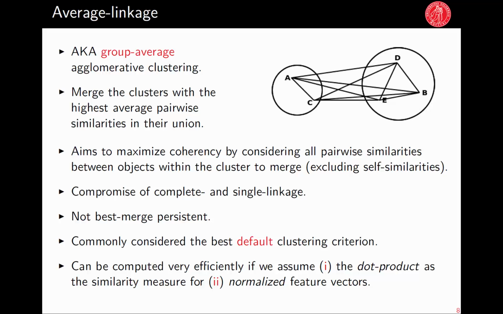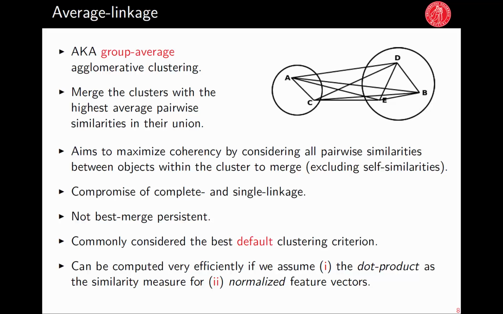And for those interested in the details, if you see in the book, by taking advantage of the property that we use the dot product as our similarity measure for comparing the individual objects, and working with normalized feature vectors, there are ways to compute this score very efficiently.